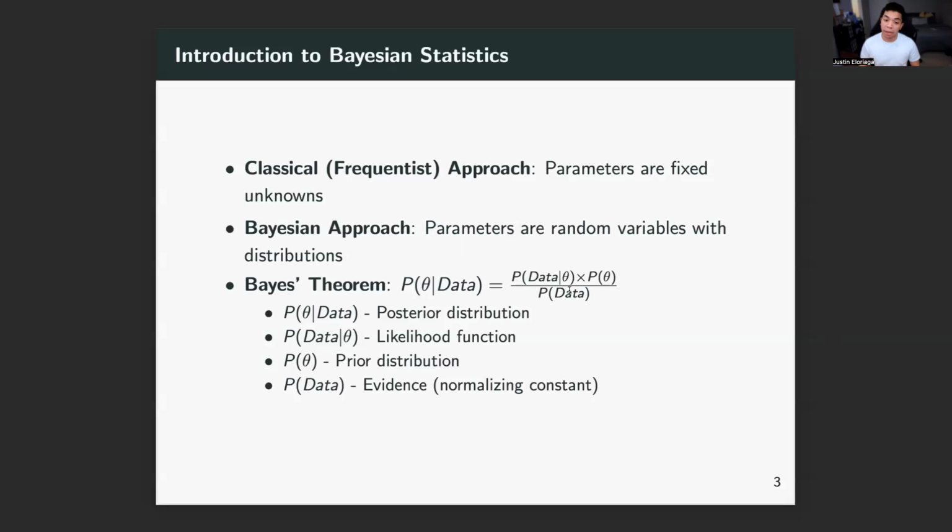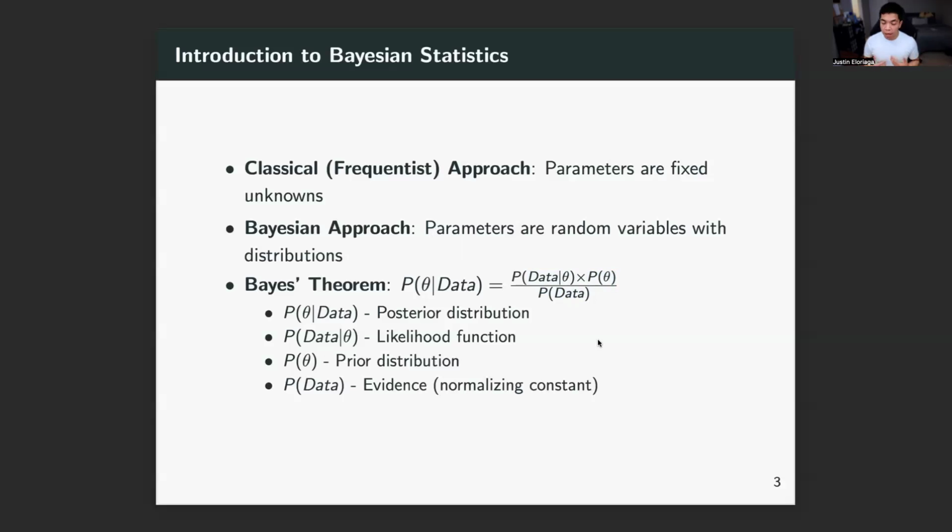In basic statistics, we found that this here is the posterior, this here is the likelihood function, this here is the prior, and the term at the bottom is some normalizing constant.